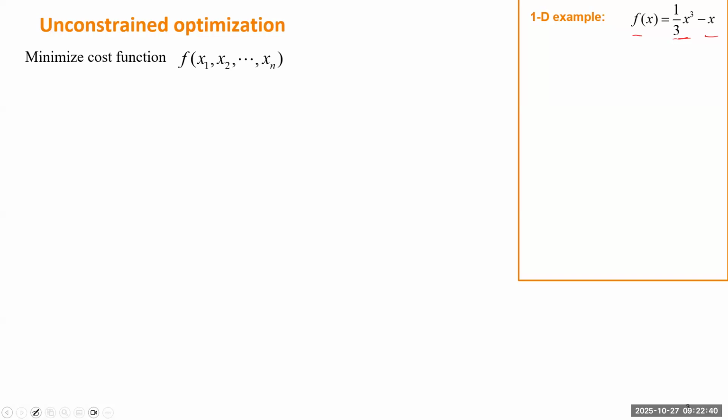Negative infinity, right? Because if you don't give it any constraint, it can be negative infinity. But if we narrow down to a certain range, we can figure out maybe some locally minimal value.